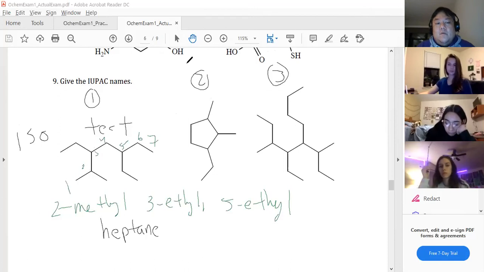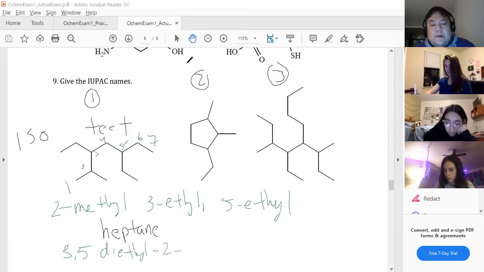So now, what's the rule we say for when we put our functional groups? How do we arrange them? By numbers or another way? Alphabetical. So it should be 3,5-diethyl, because we have 2 ethyl groups, 2-methyl heptane.